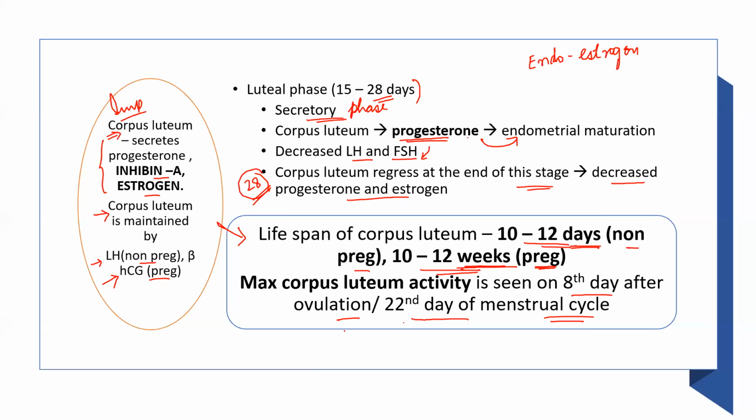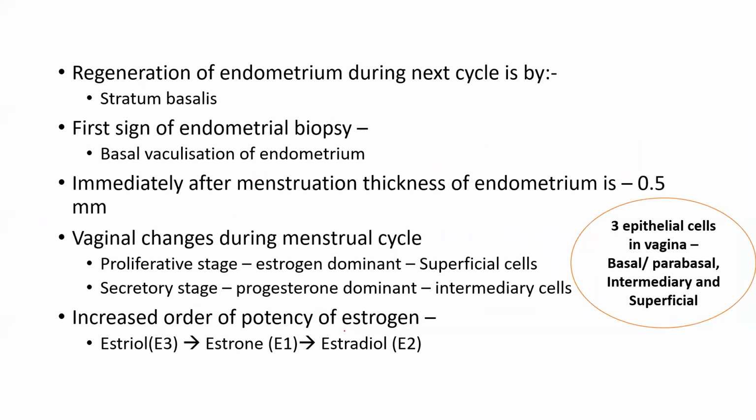Okay, so this was about menstruation. Next, coming to endometrial regeneration. Remember, the endometrial regeneration during the next cycle is from the stratum basalis layer of the endometrium. From there, the endometrium will start regenerating.